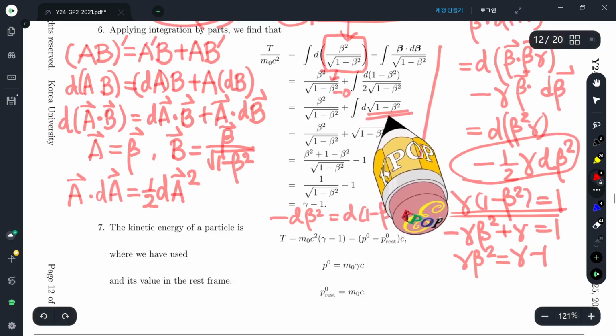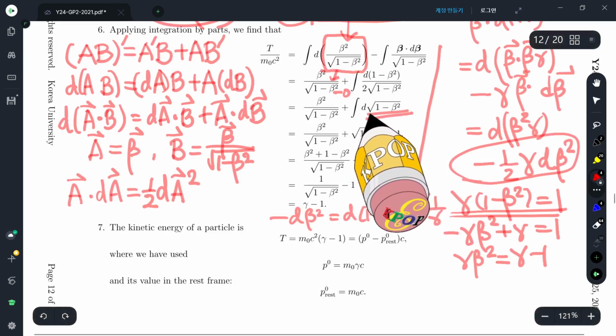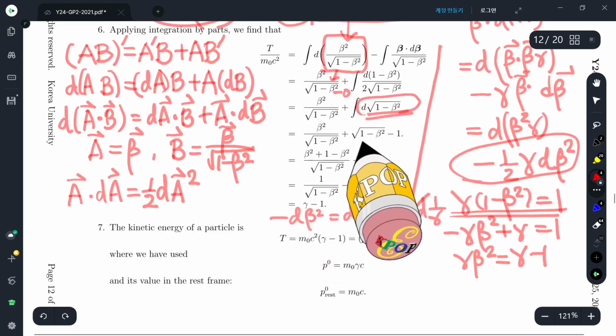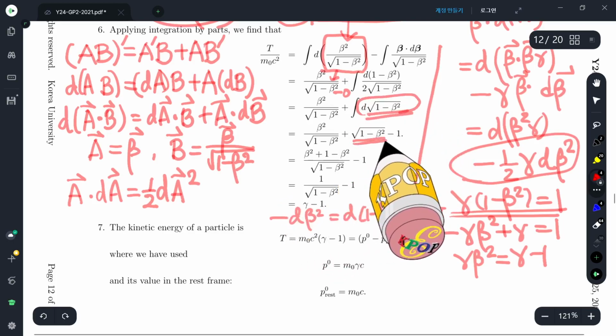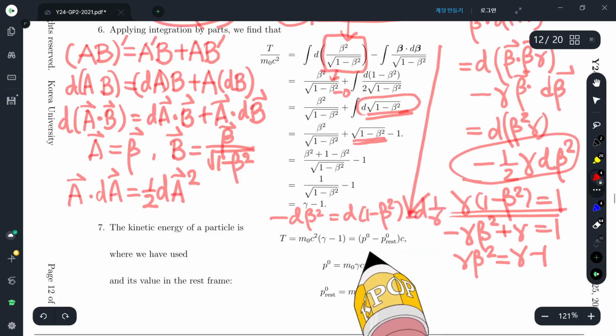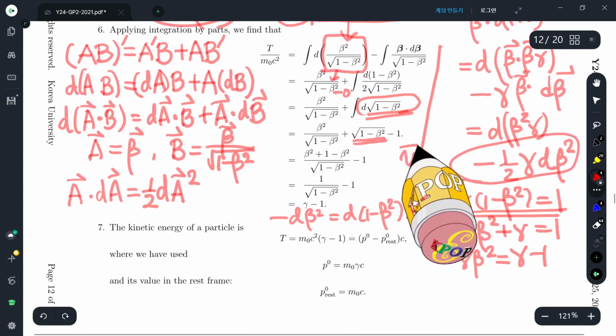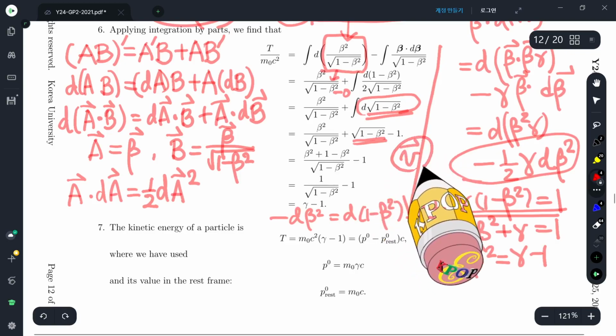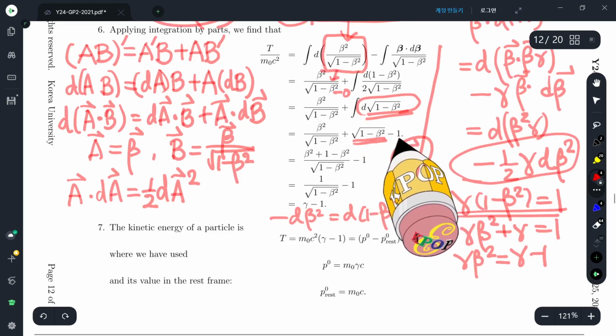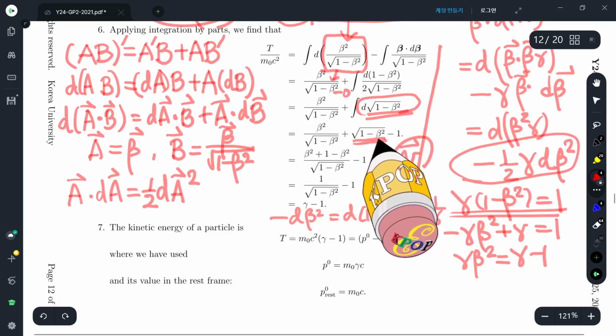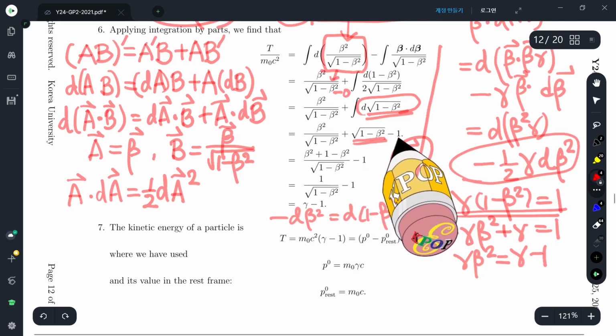And this is the total differential, and this is the value at the stage when the particle acquires a velocity v, and this is the initial value when beta equals 0.